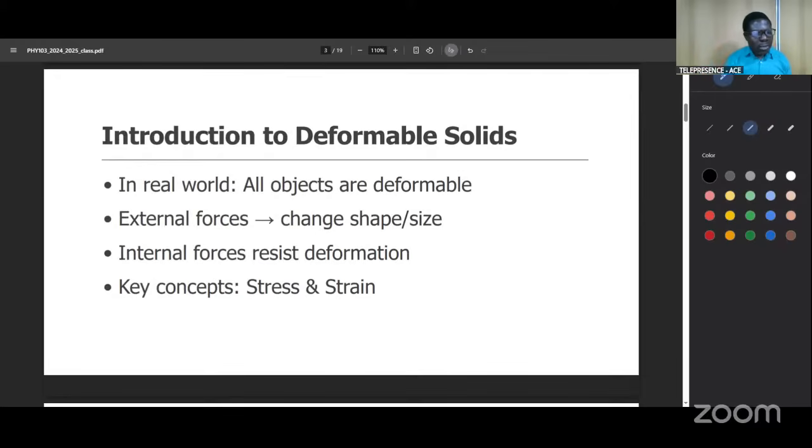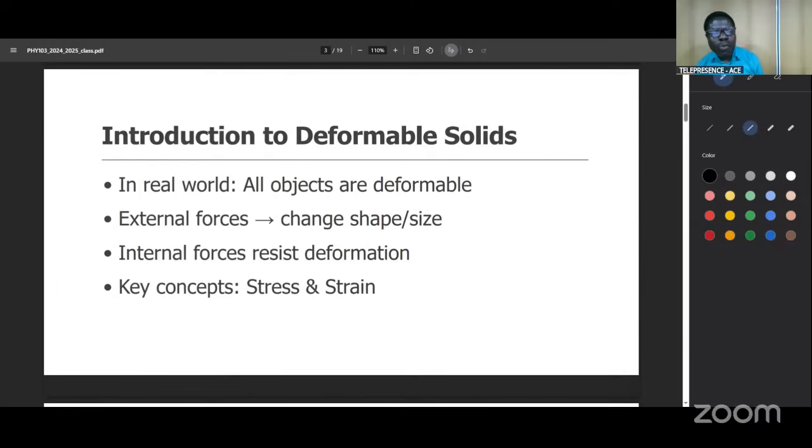Now, the fourth point on this slide that we need to talk about is the key concept of stress and strain. In the study of deformable solids, the most important concepts that describe how materials respond to forces are stress and strain.